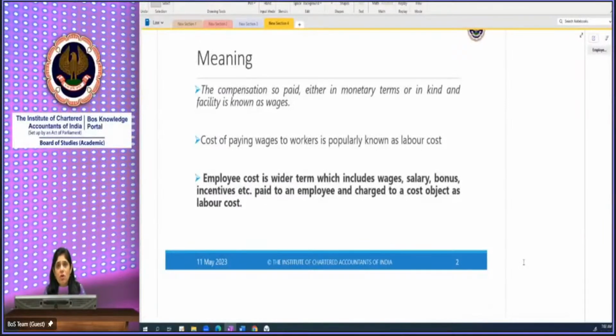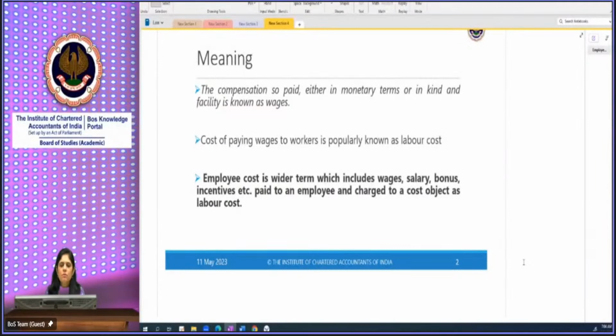So employee cost is a wider term, cost to the organization, what we call CTC, cost to the company. CTC is a very regular word in organizations. So whatever I am receiving as salary and whatever is my cost to the organization, both are different, because many components are added to the salary to make it employee cost.